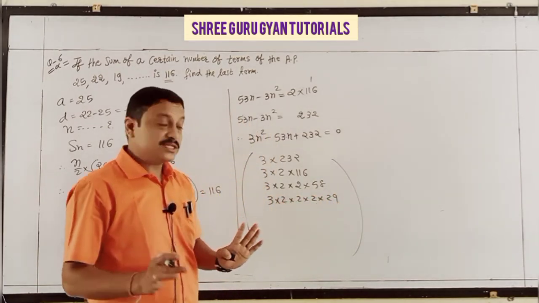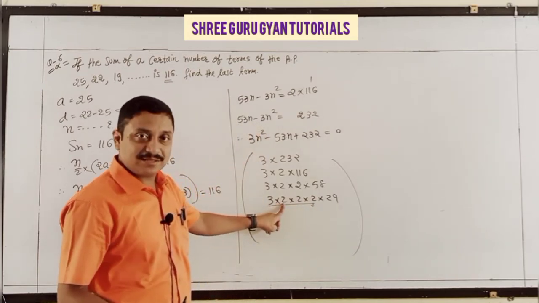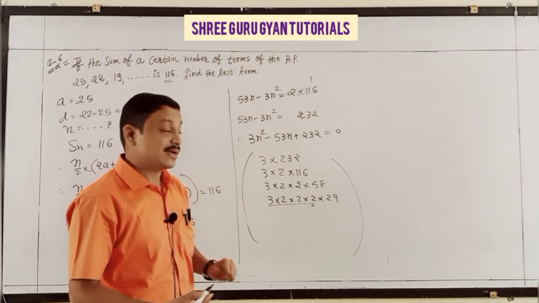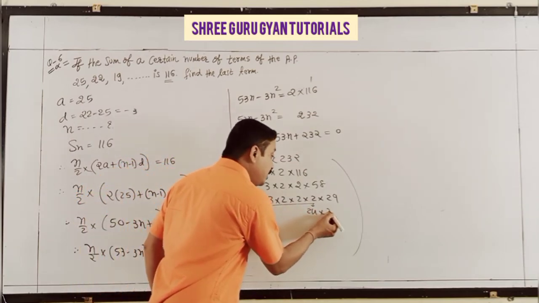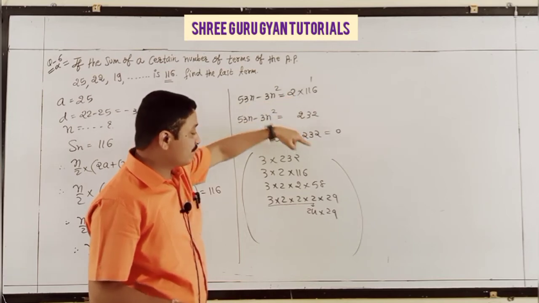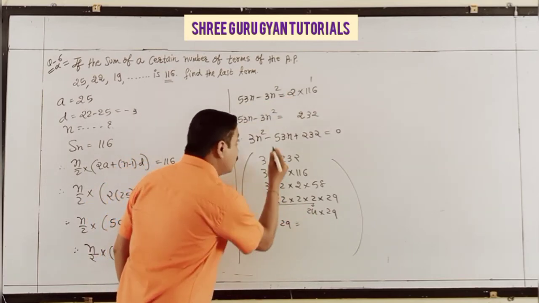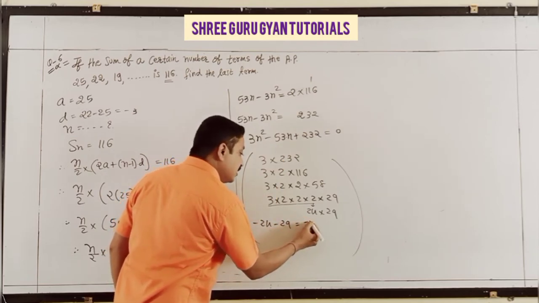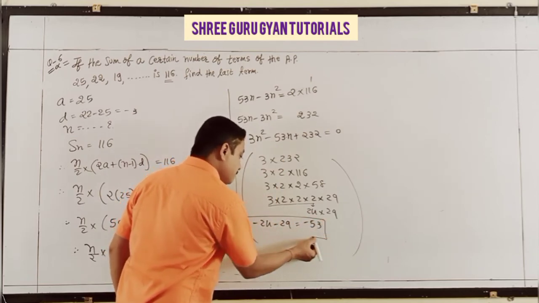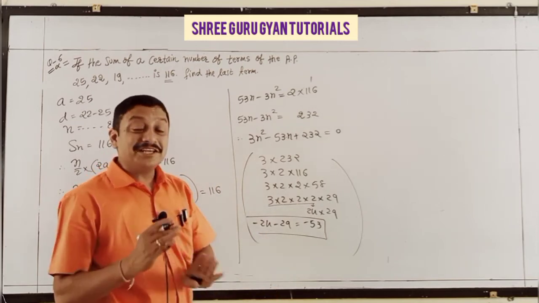Now stop, check that. 3 2s are 6, 6 4s are 24 and 29. Definitely they cover the product, but I want 53. If 29 and 24 are added, I want minus, so taking both minus, it is minus 53. 9 and 4 is 13, yes, it means my splitting is done.